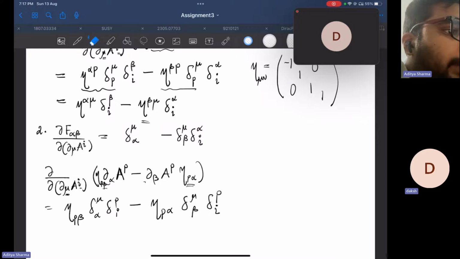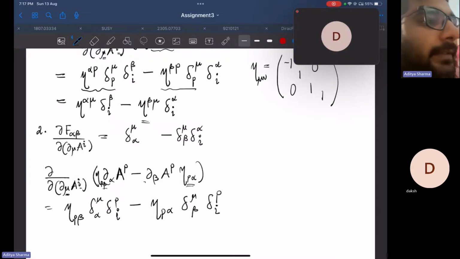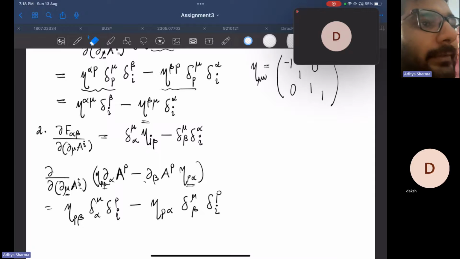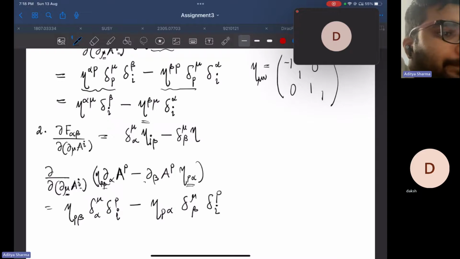So delta pi can be written as eta I beta, and this term can be written as beta pi eta I alpha.